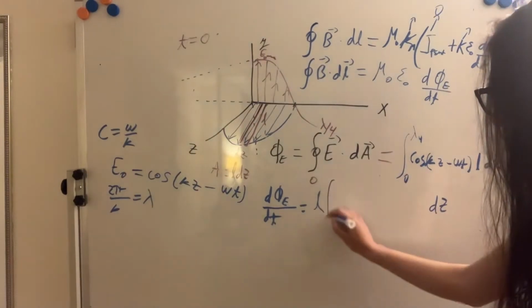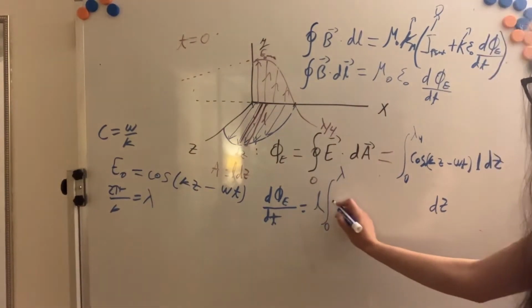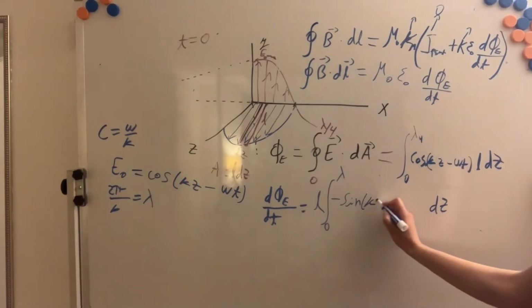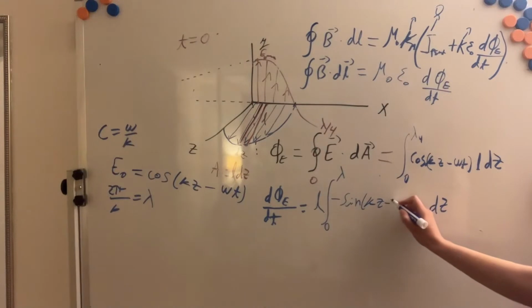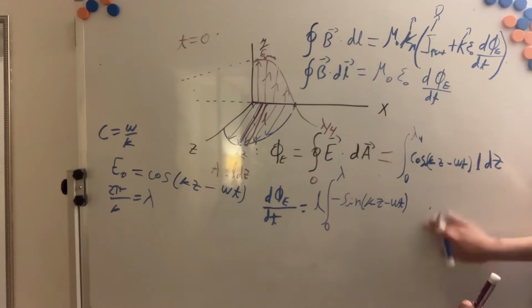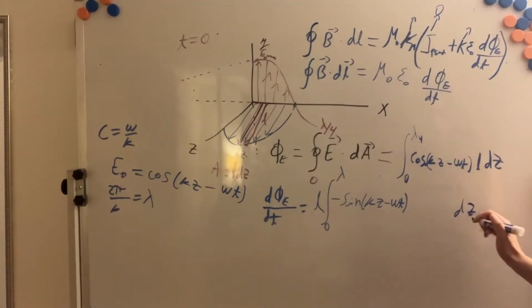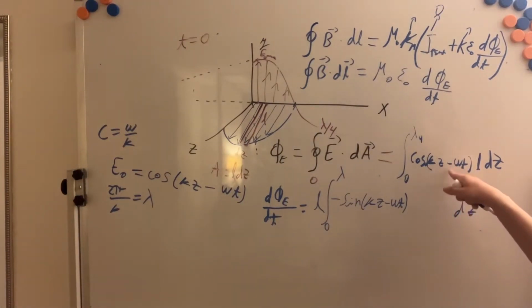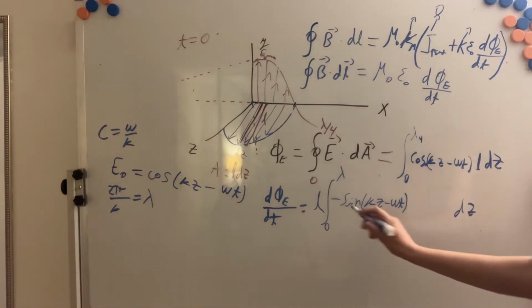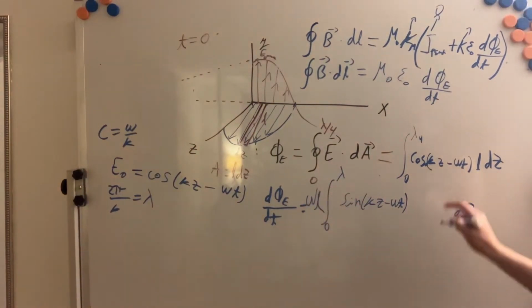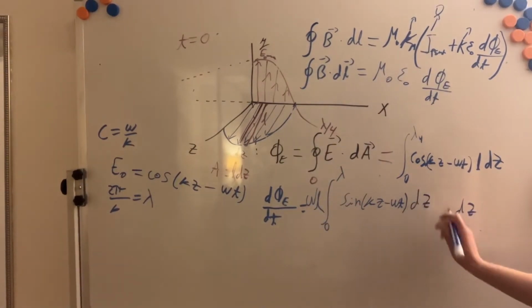So this would be negative sine of kc minus omega t, times the derivative now of what is inside, that is just the derivative of this, that is negative omega. So this would be positive, and here I have the omega, and then here the dc.